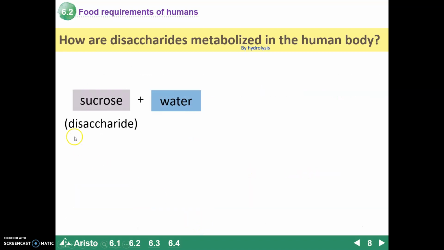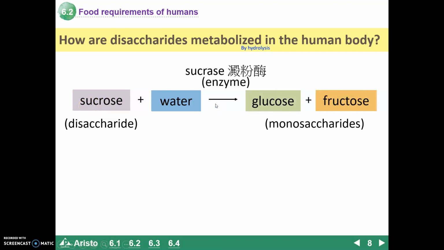Another example is that sucrose is broken down by sucrase. This is a kind of digestion, a kind of hydrolysis, and sucrose is hydrolyzed into glucose and fructose. Glucose and fructose, both of them are simple molecules, simple sugars, monosaccharides.